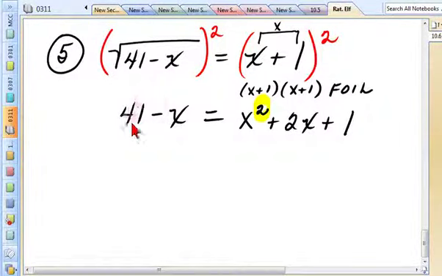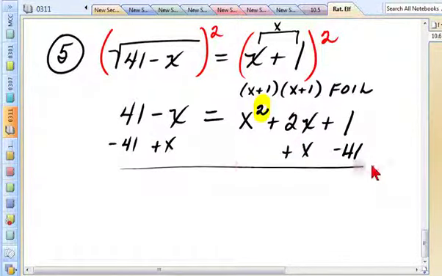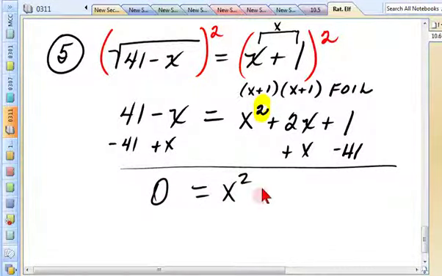I need this side to be a 0, so I'm going to subtract 41. What else can I do? Add x. I am hopeful that at this point we're okay doing two steps at once. So 0 is equal to x squared plus 3x minus 40.